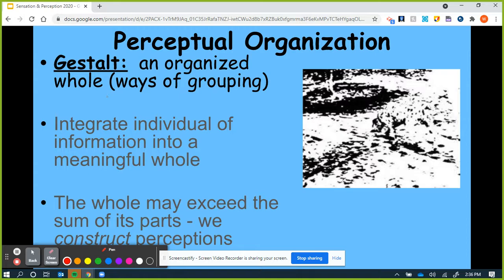Rather than looking at individual parts and building a perception from there, rather than bottom-up processing all the time, our brain usually looks at the full picture and puts it together to make sense of it. Okay, the whole may exceed the sum of its parts. That's why most of you, when looking at this picture, can very quickly see a dog right there, even though it is just a grouping of black dots.